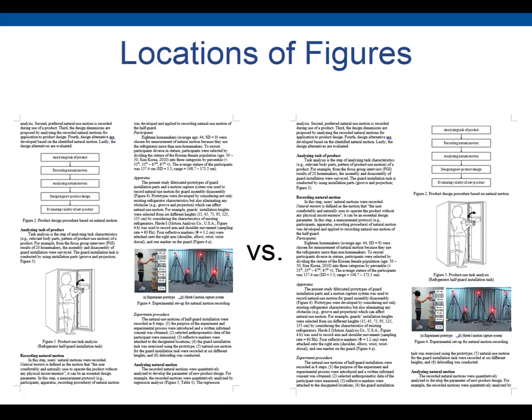Locations of figures. Which one is better, left or right? The difference between the two: on the left, the figures are located in between the words. On the right side, all the figures are at the corner.